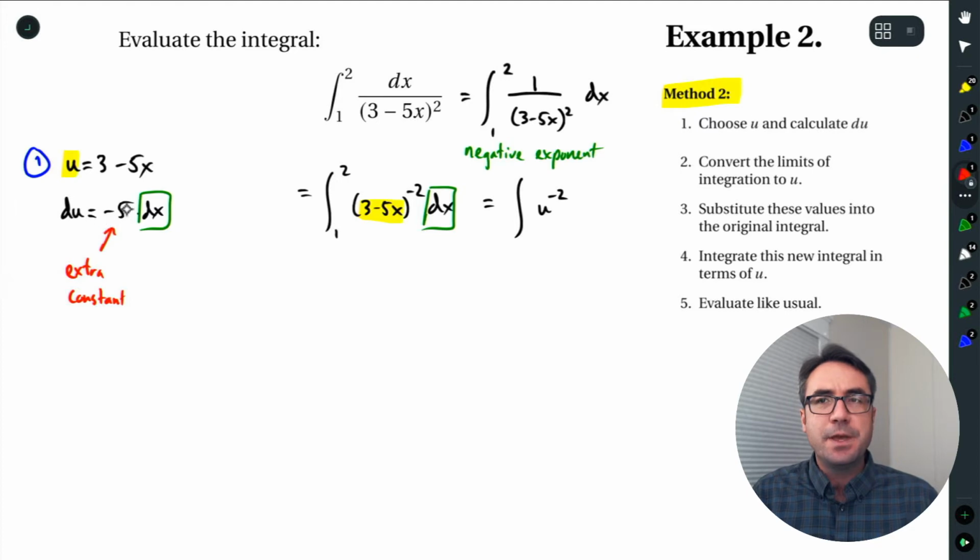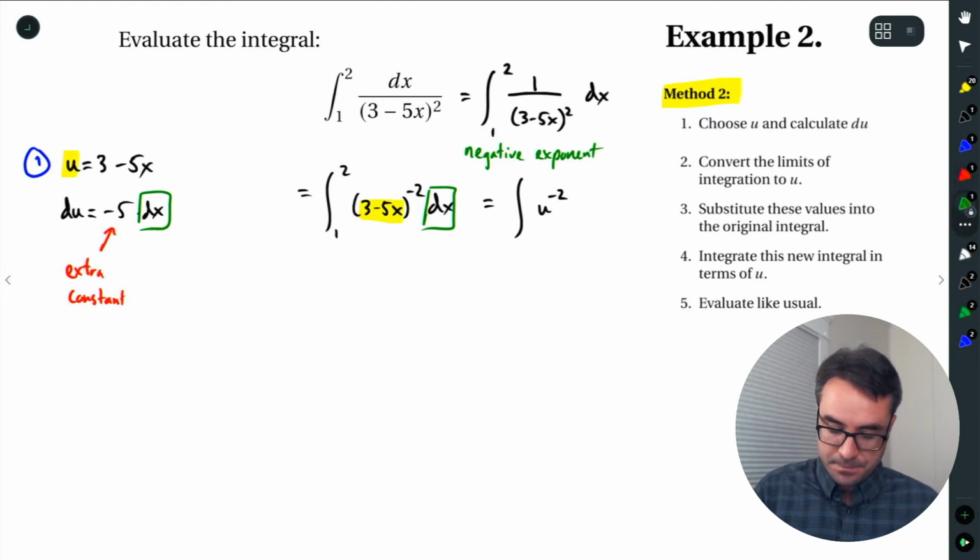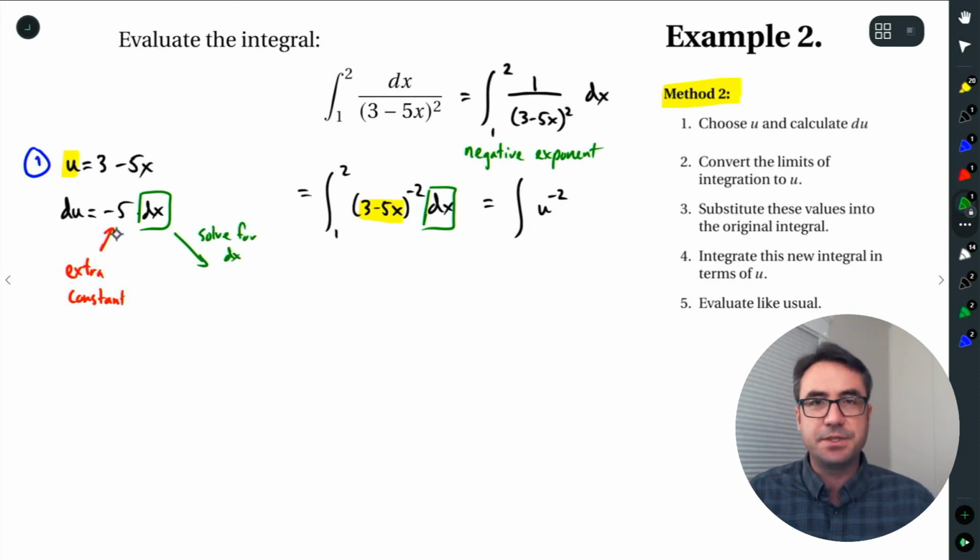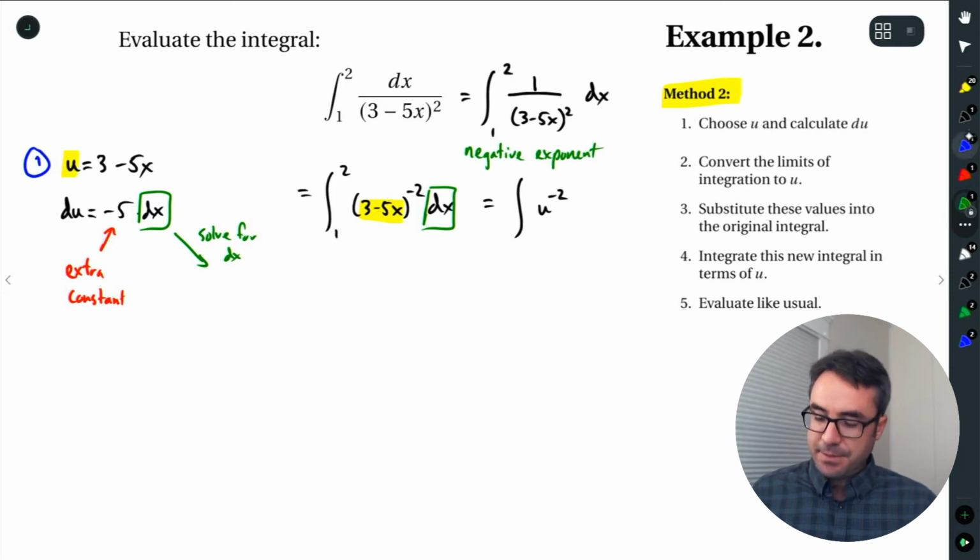What we can do is solve for dx. That's one thing we sometimes have to do. There's a little bit of work sometimes with these differentials. So divide both sides by negative 5, and we get dx is equal to negative 1 over 5 du.